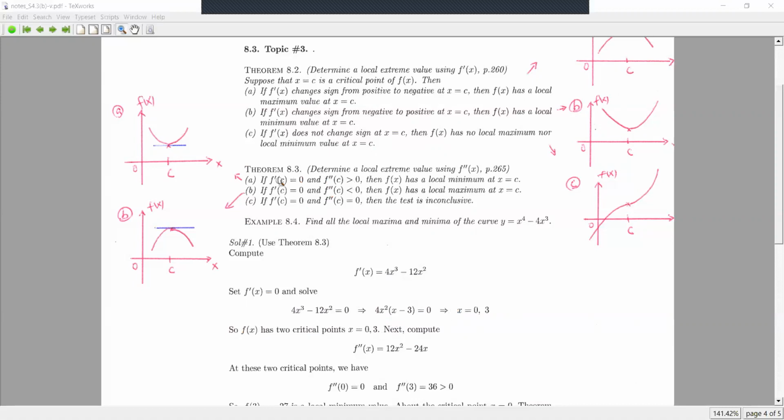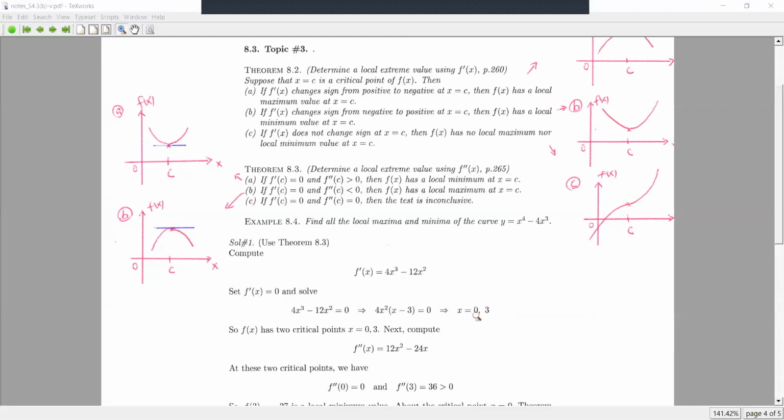Okay, now to use the second theorem, next, let's compute the second derivative. Take the derivative of the first derivative to get the second derivative. Now, evaluate the second derivative at the two critical points. At 0, plug in 0 in here, then I get 0.